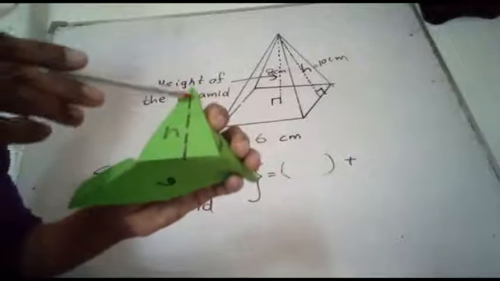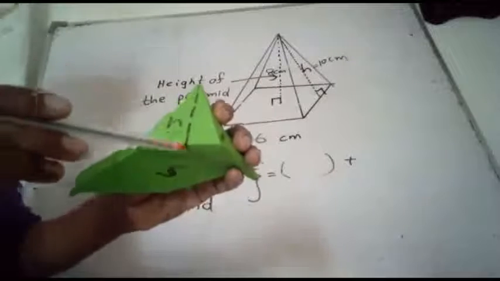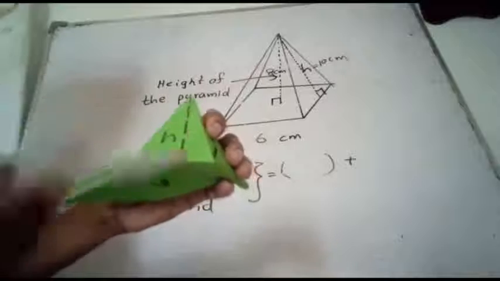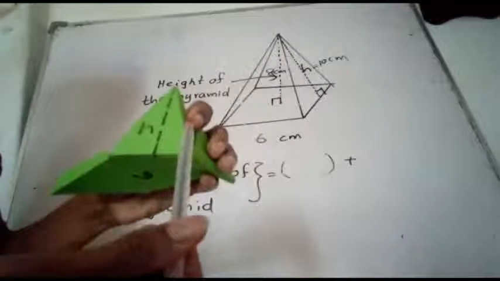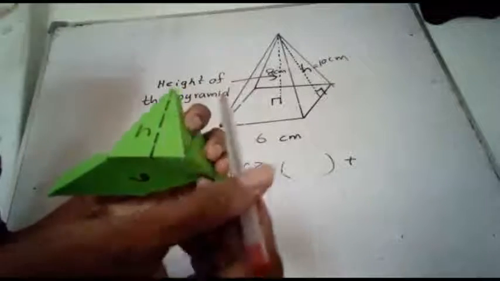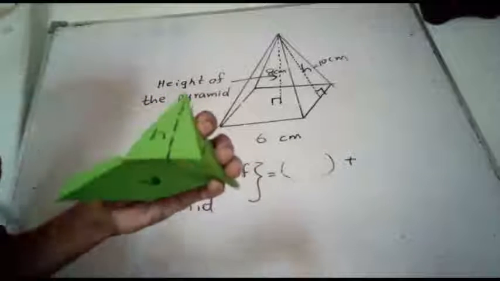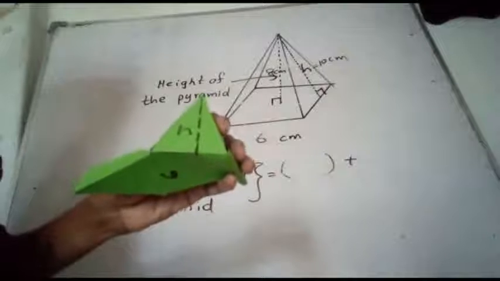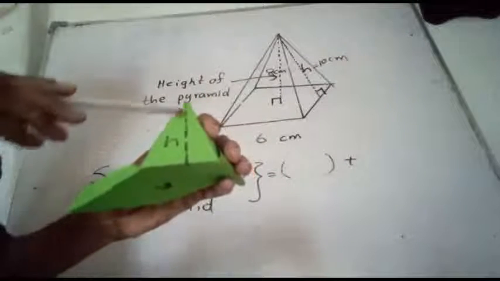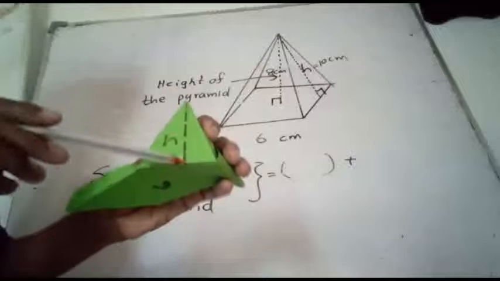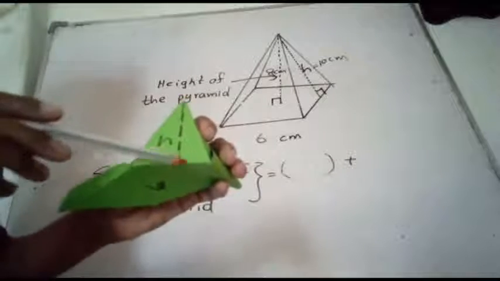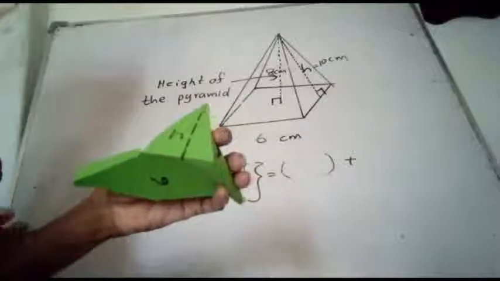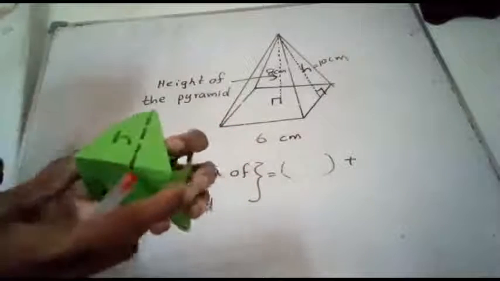When we use the Pythagoras relation, the square of the length of the hypotenuse is equal to the sum of the squares of these two sides. Now we are going to do an exercise on this theorem.